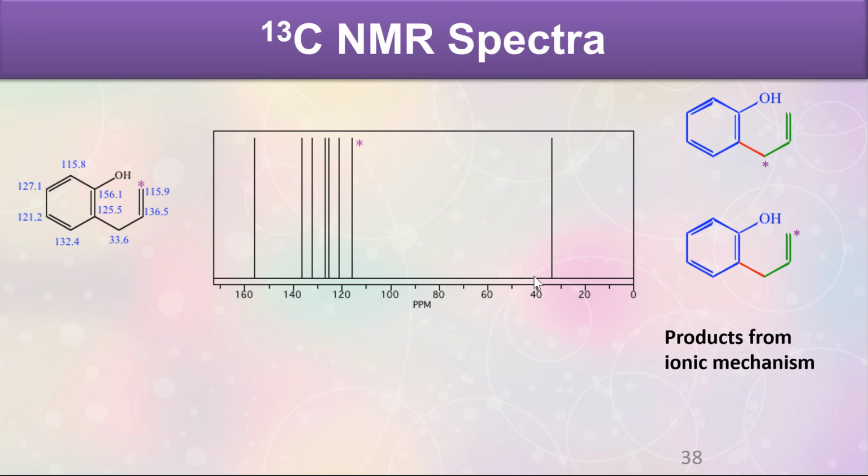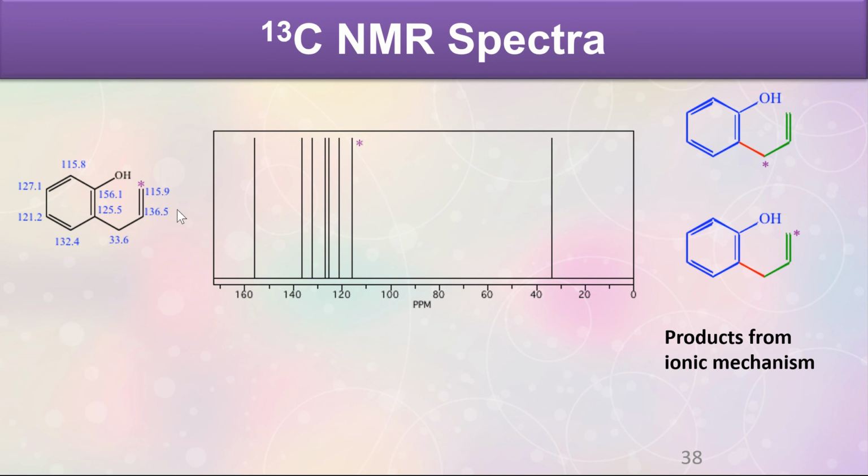These are the two peaks that we're looking at, right? This and this. And we're saying that if there was scrambling, if we got these products, that is the products from the ionic mechanism, then both this peak and this peak would be enhanced.